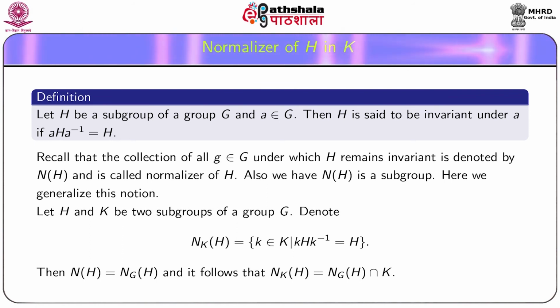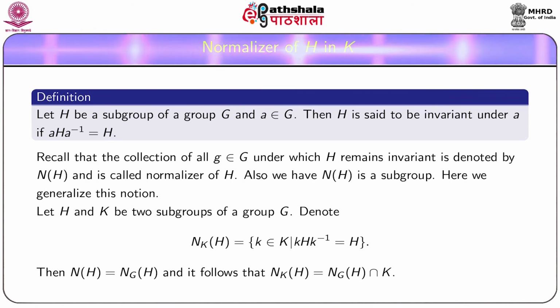Then it is easy to observe that N(H) is actually N_G(H), and it follows that N_K(H) is equal to N(H) intersection K.